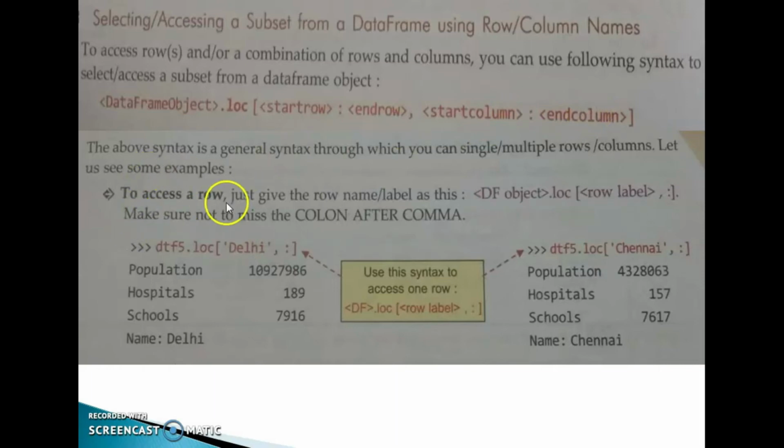Then to access a row, how to access a row from the data frame object? For that, we can use the syntax data frame object dot LOC within the square bracket row label, comma, colon.